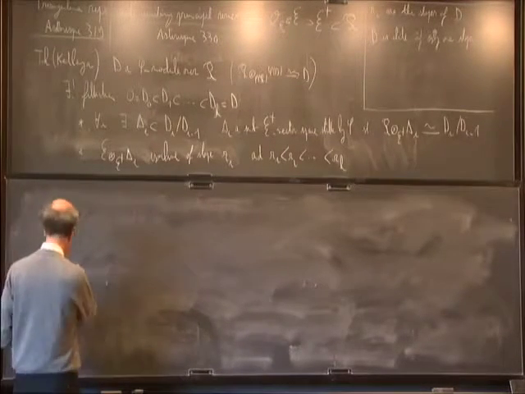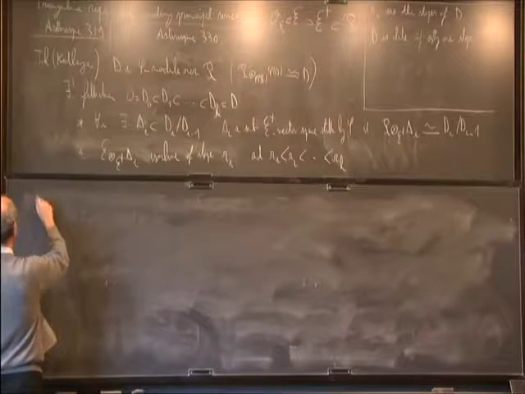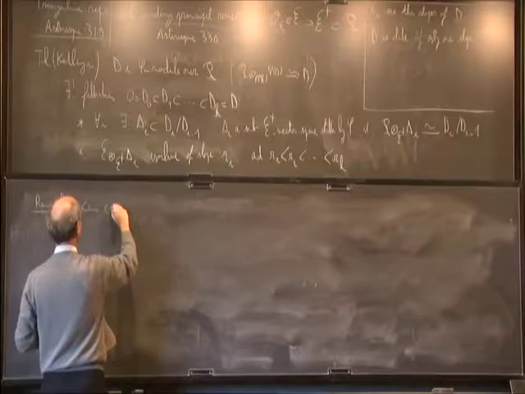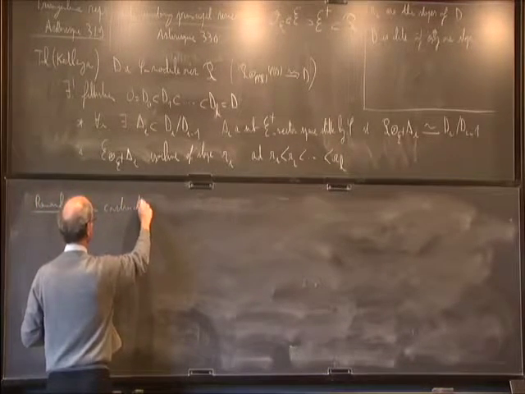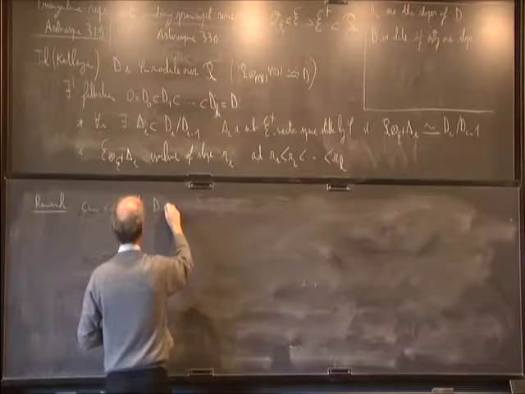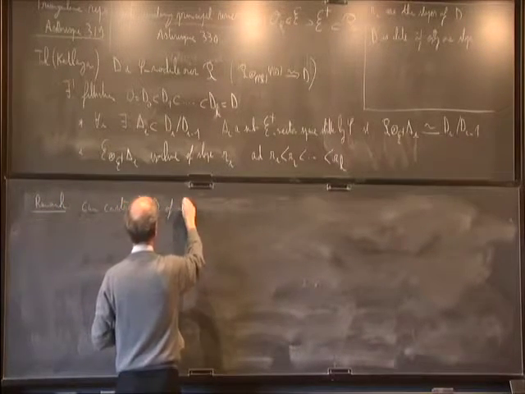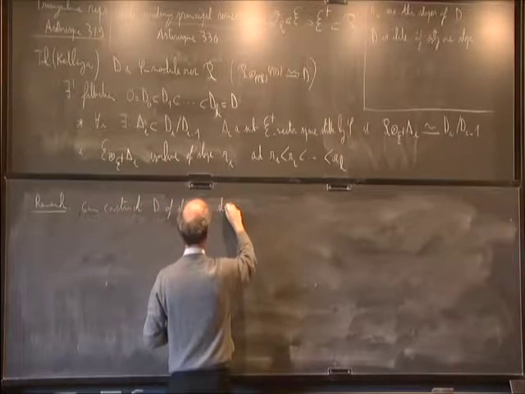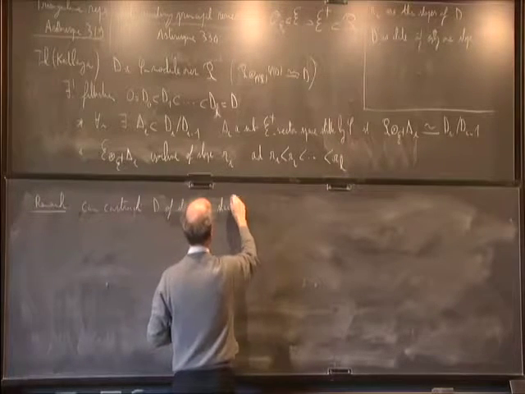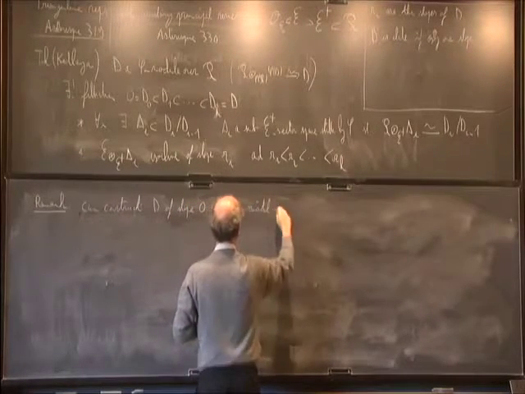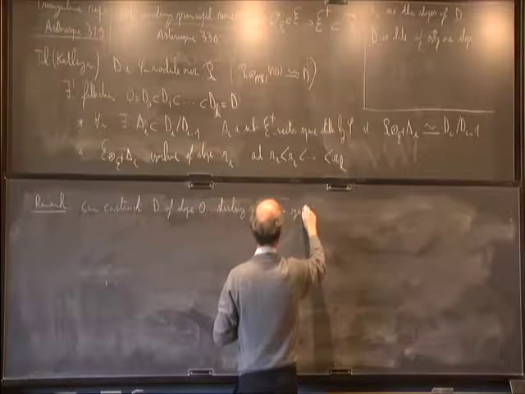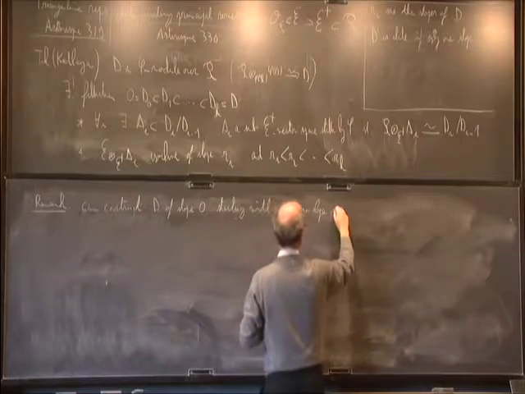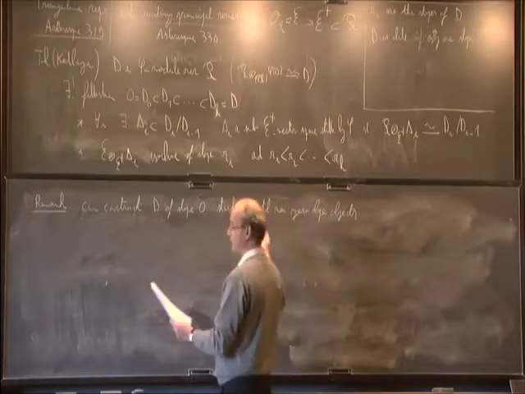So remark: you can construct D of slope 0 starting with things which are of non-zero slopes. So that's the main point of this thing.